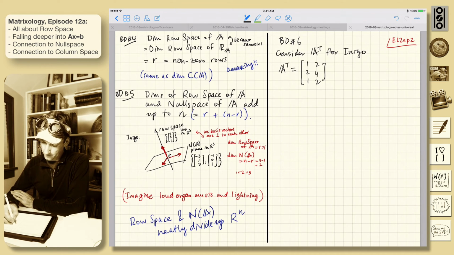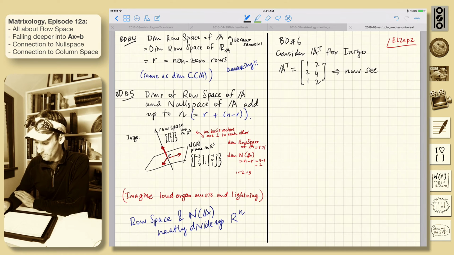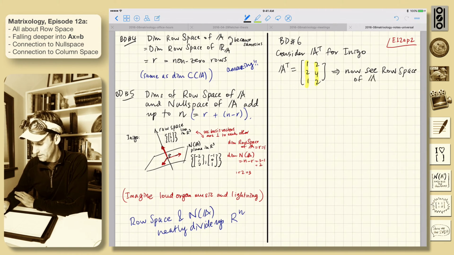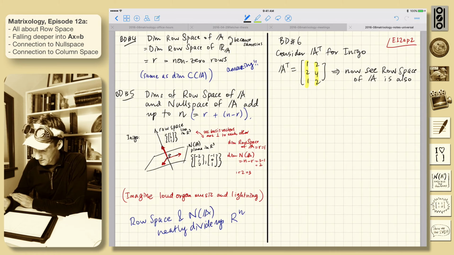So we now see the row space of A, the rows are now columns. Row space of A is also the, fill in the blank, also the something space of something.